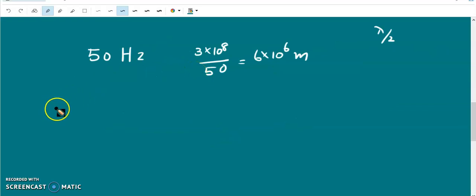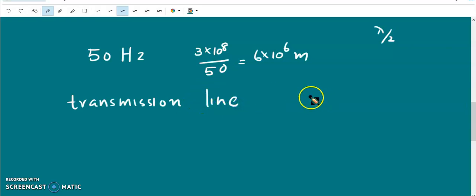They are waveguiding structures, and transmission lines are a type of waveguide. Transmission lines are waveguiding structures that allow transverse electromagnetic waves to pass through.